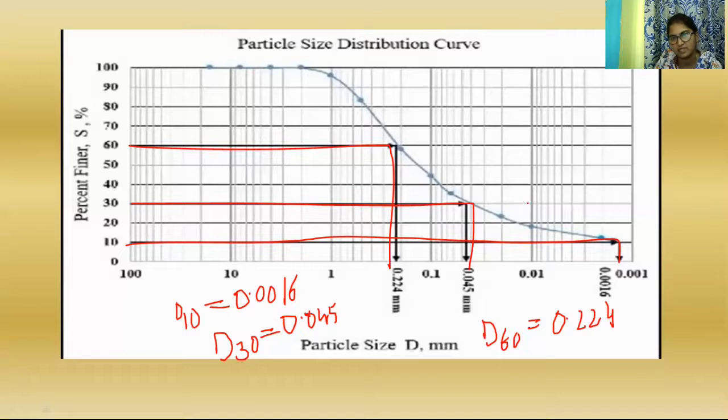An S curve consists of coarse grain particles, fine grain particles and intermediate particles. This is a well-graded soil, which gives strength to structures. There are other shapes also, such as hump shapes, where some intermediate particles are missing, and a C shape, which has only coarse particles. Before 4.75 are fine grain particles, after are coarse grain particles. This is the particle size distribution curve. Thank you.